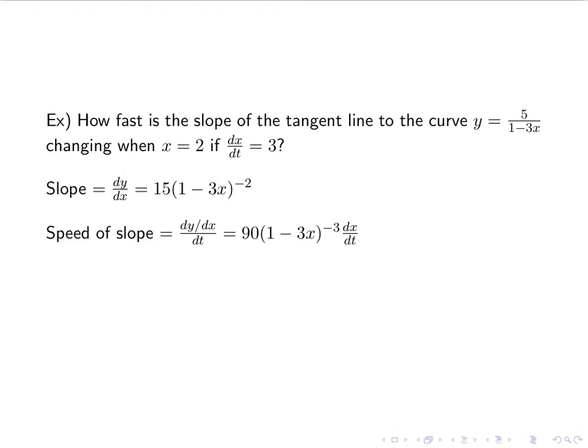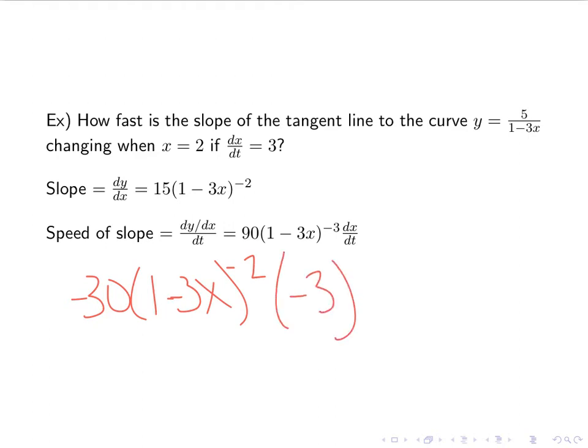So I bring down the negative 2, so I have negative 30 times (1 minus 3x) to the negative 2. I have the normal chain rule in there, the derivative of the inside, negative 3, and then the derivative of my x. Okay, so that's where I'm getting the 90 from. Whoops. That new power should be a negative 3. Okay.